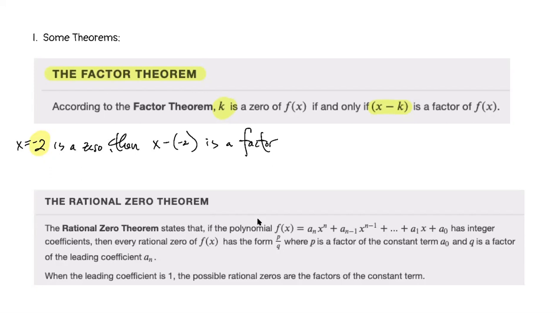So this factor theorem is really important because if we know where the graph crosses the x-axis, then we actually also know a factor of the polynomial we're looking at, okay? So another example might be this. Let's say if x equals 4 is a 0, then what is the factor that goes with it? Okay, if x equals 4 is a 0, what is the factor that goes with that?